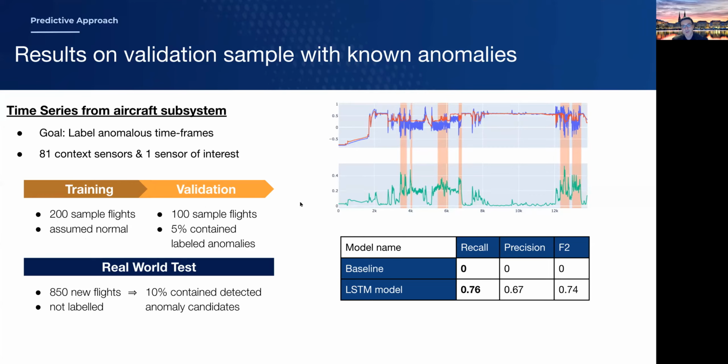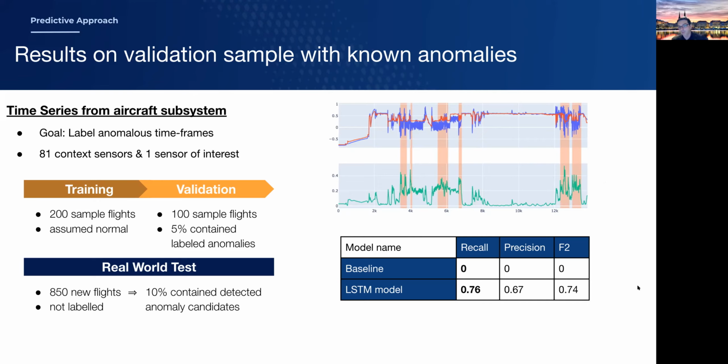And this is, again, the picture. In red is what we predict for one sample. In blue is the actual measured flight. In green here are the differences, the error between prediction and measurement. And the values in these red regions are above the cutoff and considered to be anomalies in time.